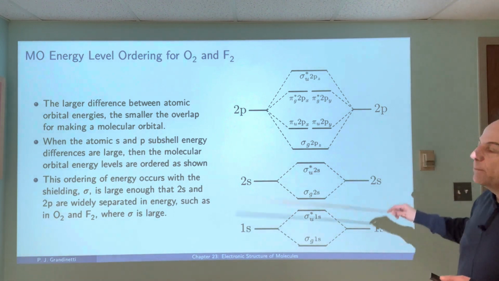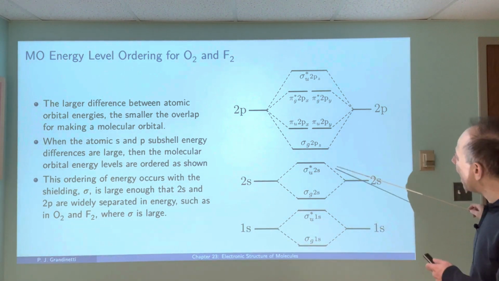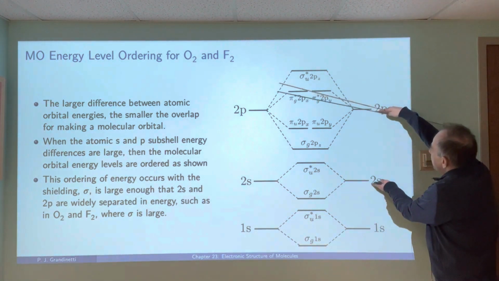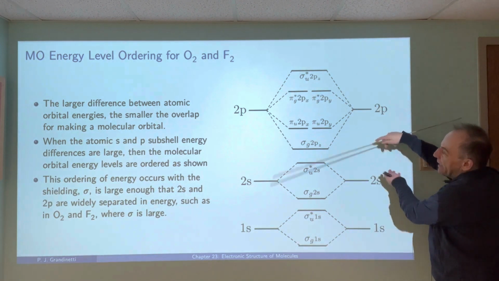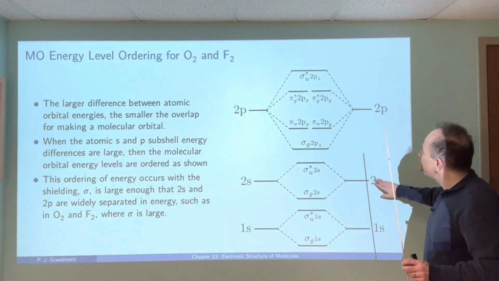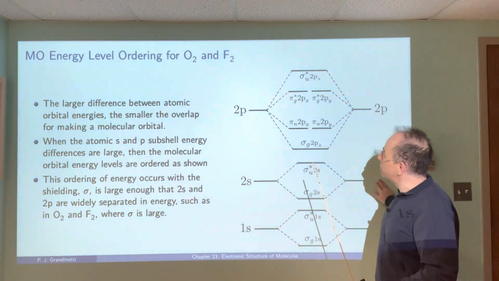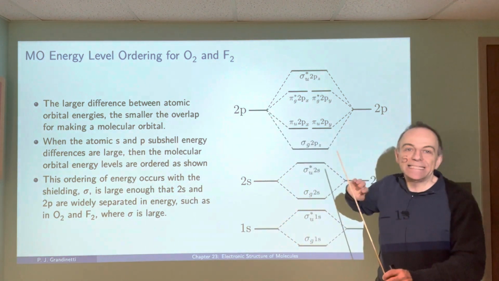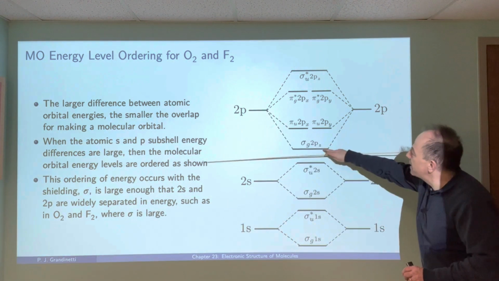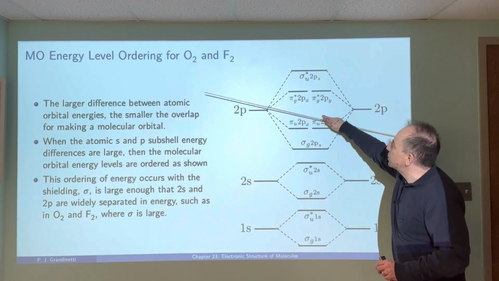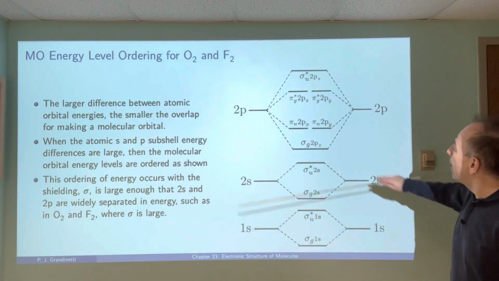But when you go down to boron, carbon, and nitrogen, what happens is that the distance in energy between these s and p start to decrease, and we get a little bit of bonding between the 2s orbital and the 2pz orbital, and that causes this sigma bond here to actually move up in energy.